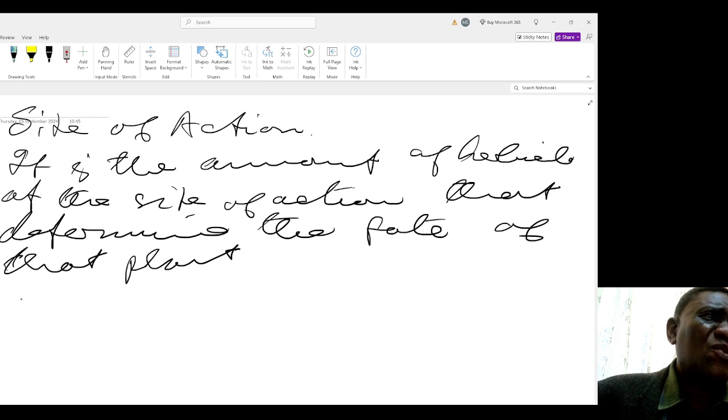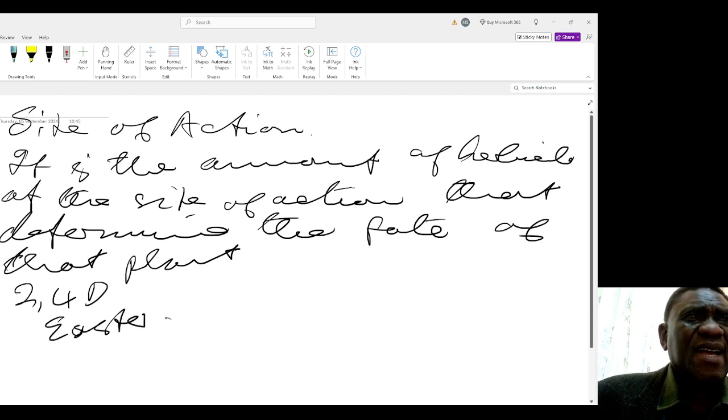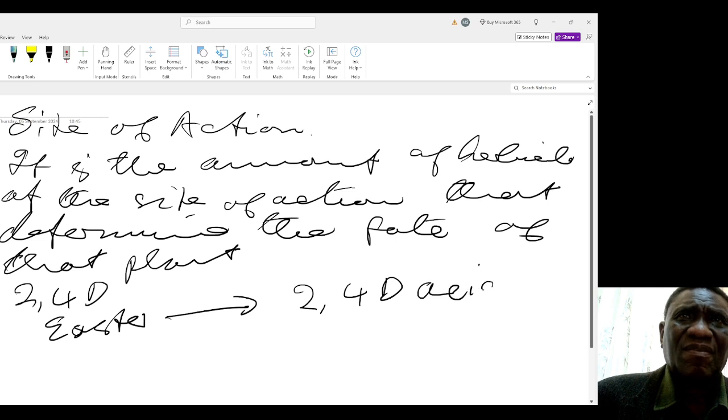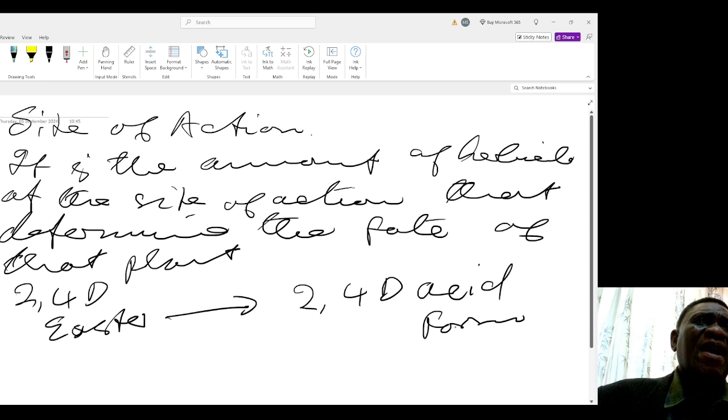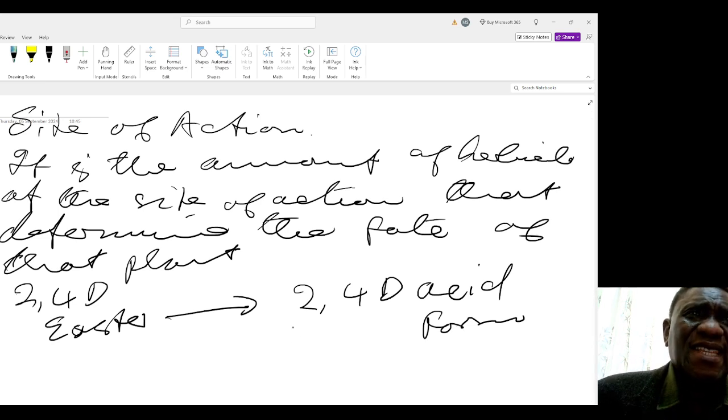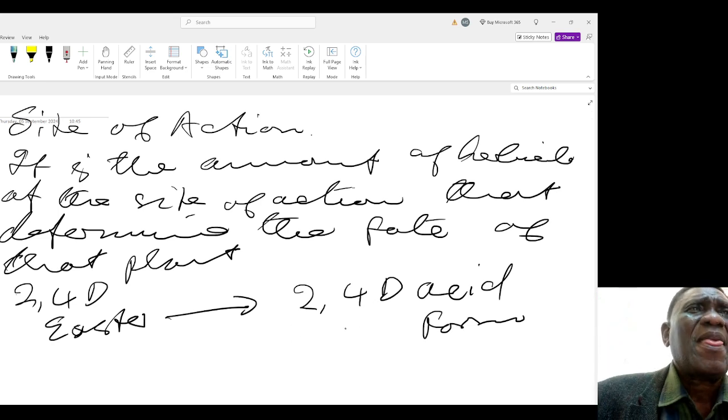So 2,4-D is to be converted to an acid. Once it is in the 2,4-D acid form, then it can easily move within the plant.